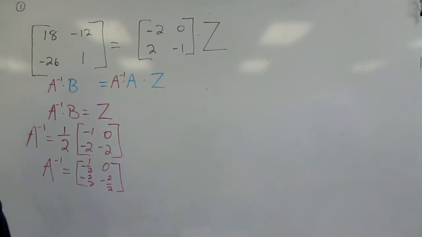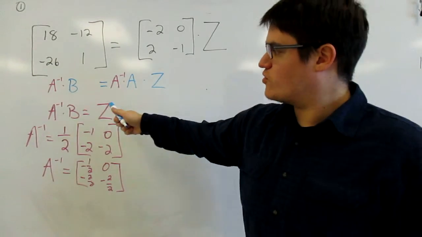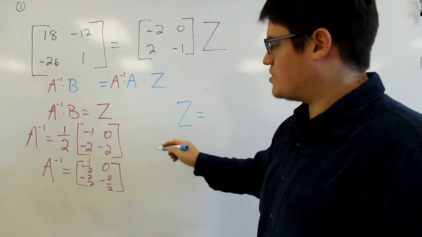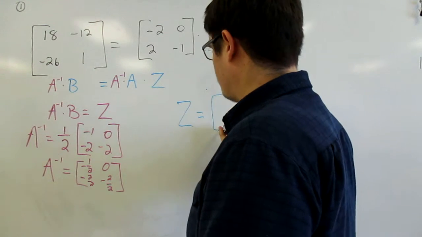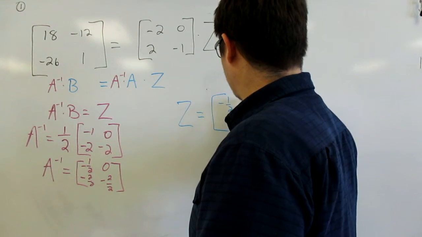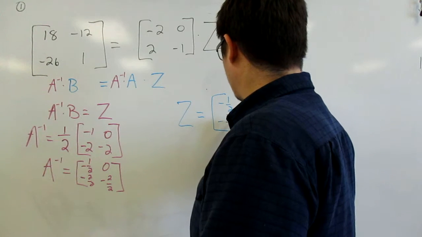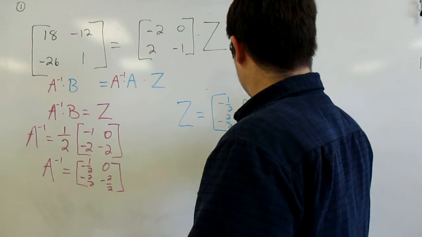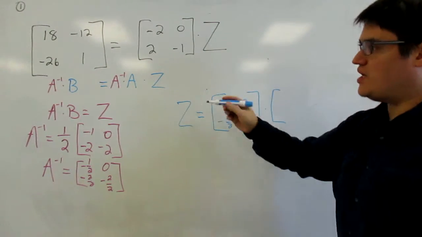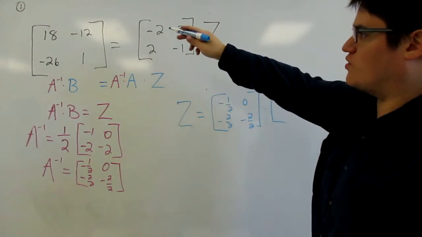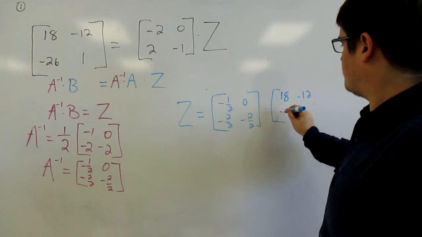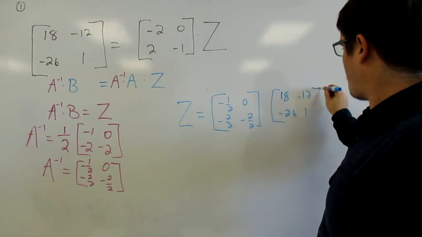Okay? And again, remember Z is equal to A inverse times B. So Z equals A inverse, negative 1/2, 0, negative 2 over 2, times matrix B, which was over there, 18, negative 12, negative 26 and 1.